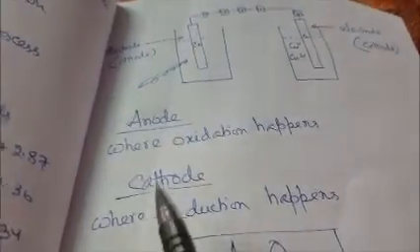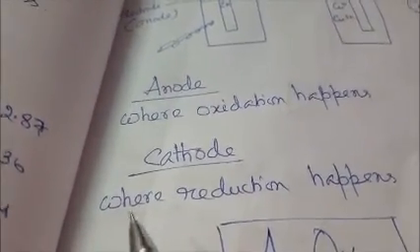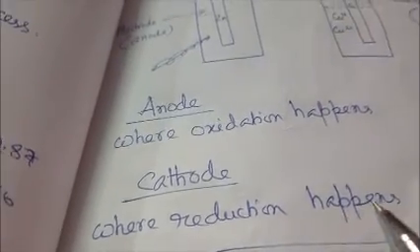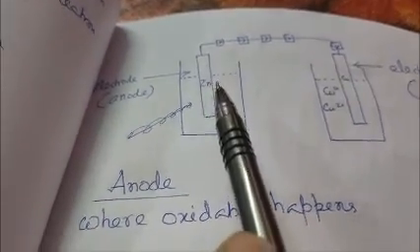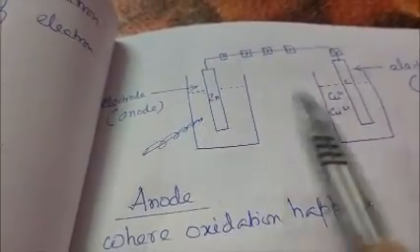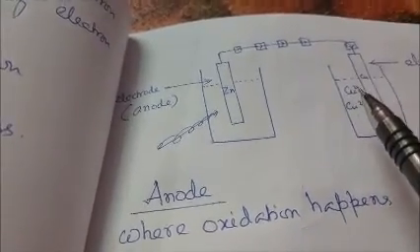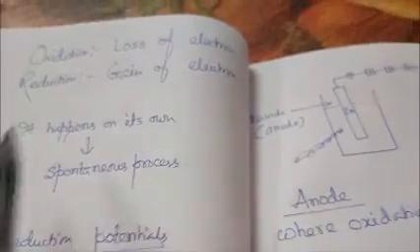One is called anode. Anode means where oxidation happens, and another is called cathode, where reduction happens. So this zinc one is basically losing electrons, and already I have told you that oxidation means loss of electron. So oxidation is happening at this electrode, and copper is gaining the electron, and I have told you that reduction means the gain of electron.